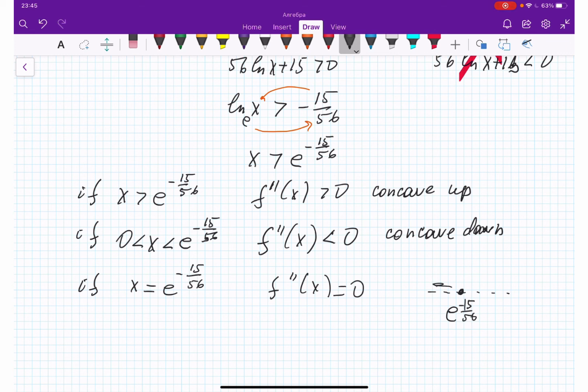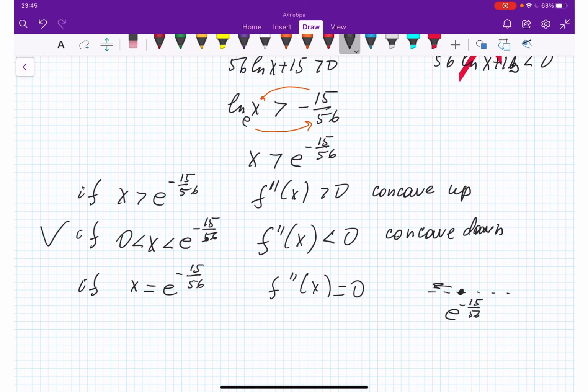When we have less than, it's going to be concave down, right here.